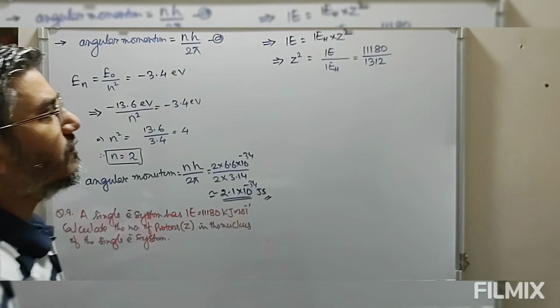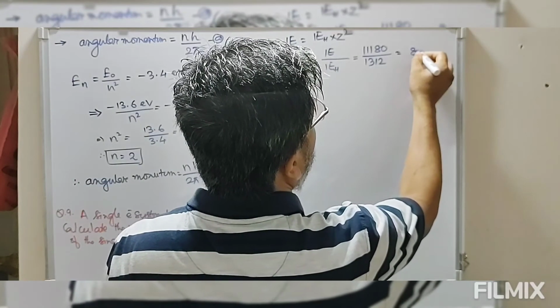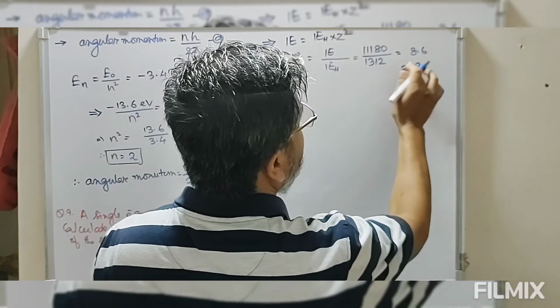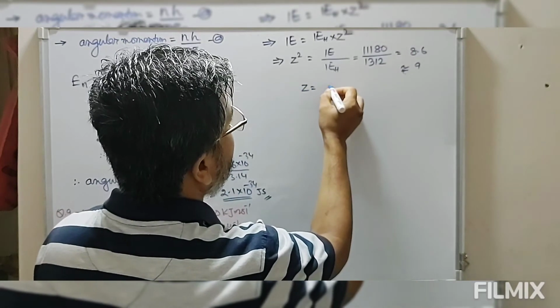So this is the value of Z square. If you work it out, it comes to around 8.6, so we can consider this to be approximately 9. If this is approximately 9, then what is the value of Z? Z is equal to 3.